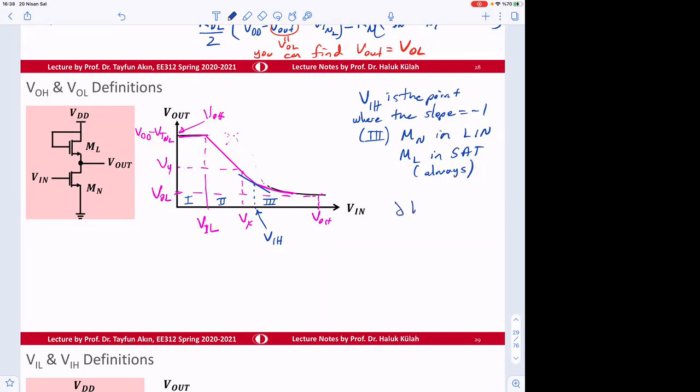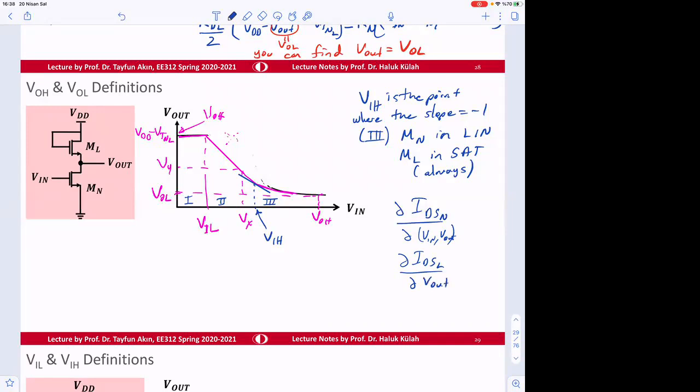And we can again do partial derivatives and then find that out. If you take derivative of I drain to source of n with respect to V in and V out, maybe we need to do partial derivative here. And then we need to take I drain to source of L with respect to V out, that depends only on V out.